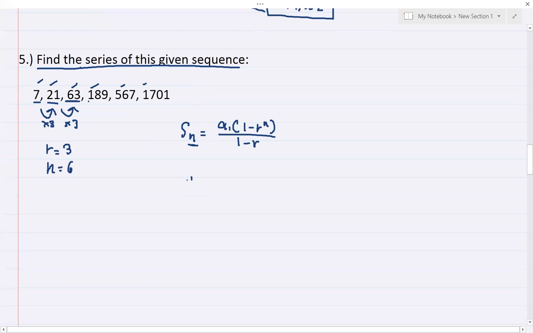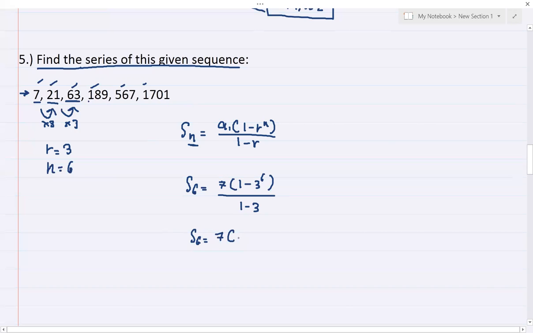So you will have S sub 6 is equal to a sub 1. Your a sub 1 is your 7. So this is 7 times quantity 1 minus your r, which is 3, raised to n, which is your 6, all over 1 minus 3. That's it. Now, let's simplify.